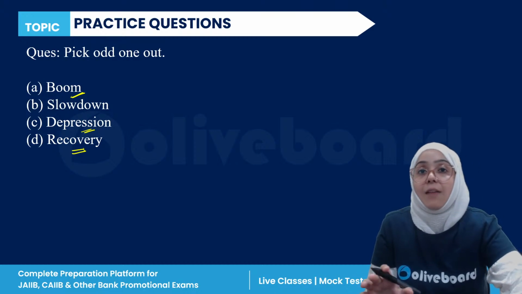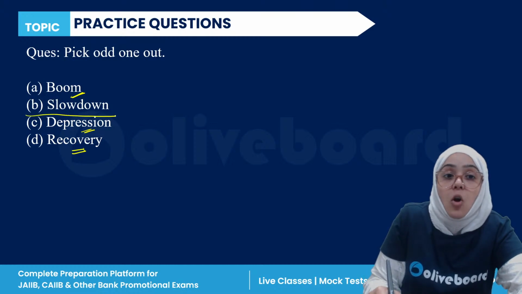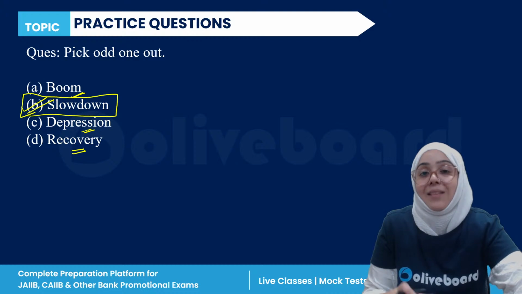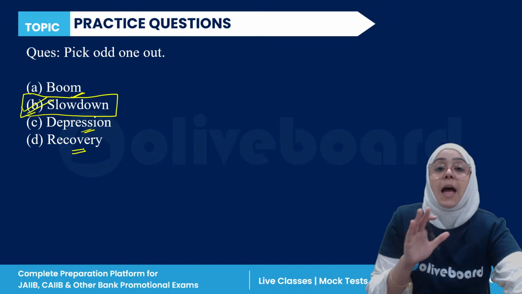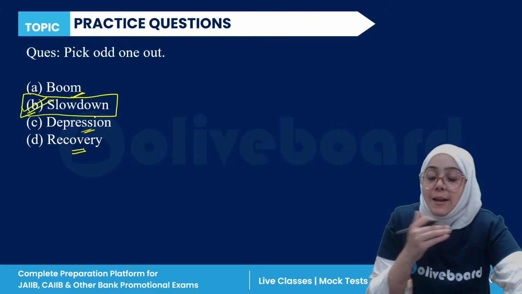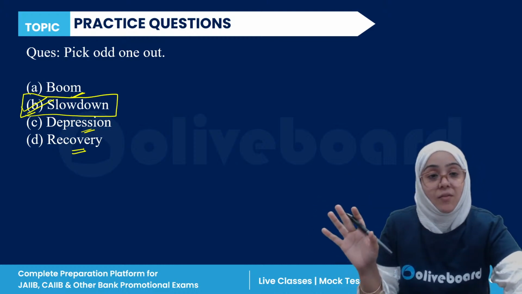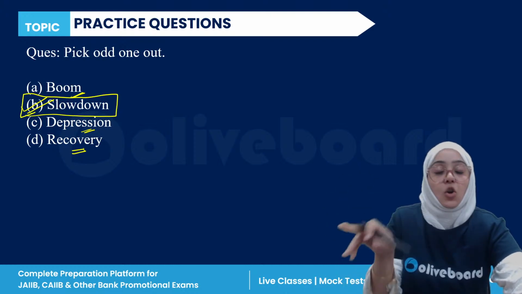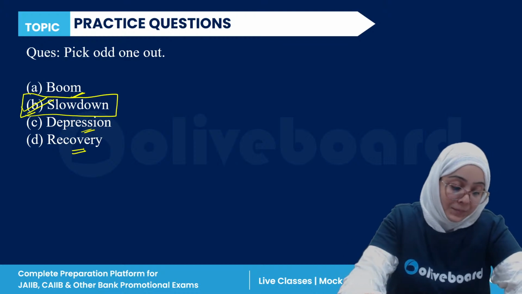We have depression, inflation, recession, recovery, and boom. Slowdown is not the name of any phase of the economic cycle, and that's why B is the correct answer. Slowdown is not a definition for any situation of the economy.